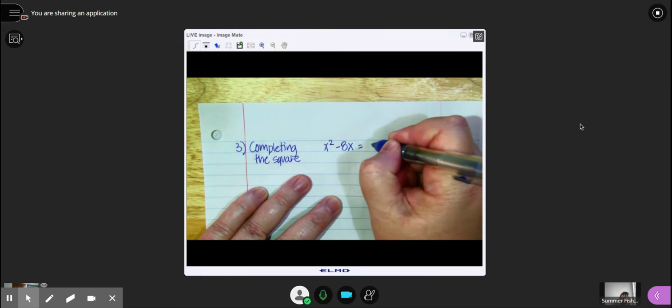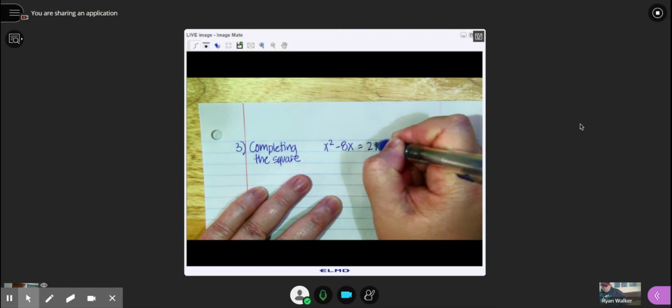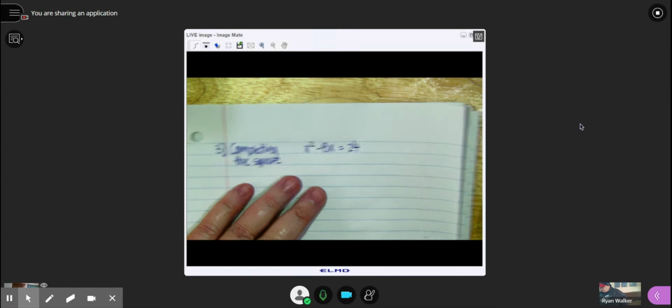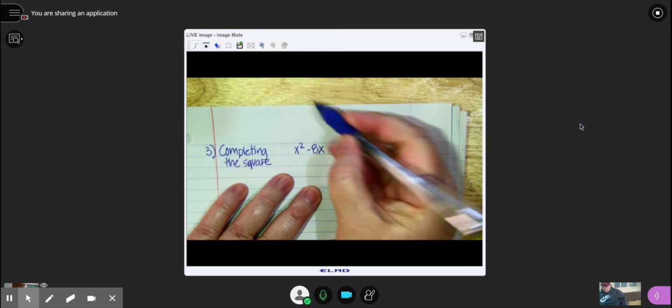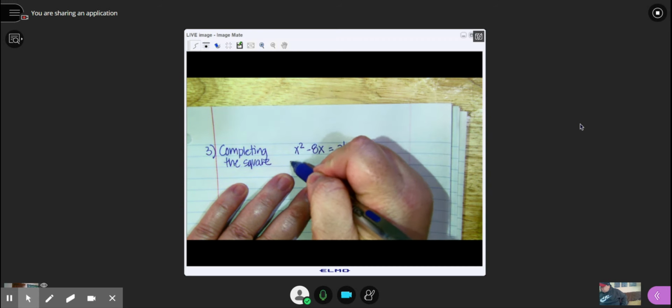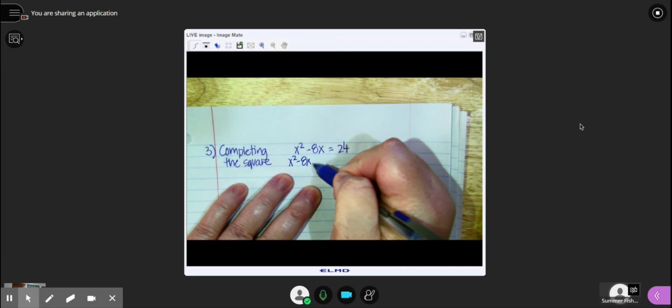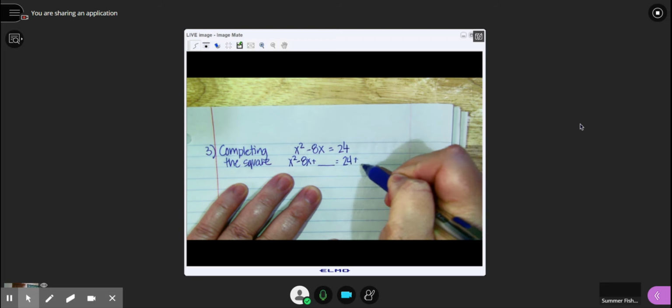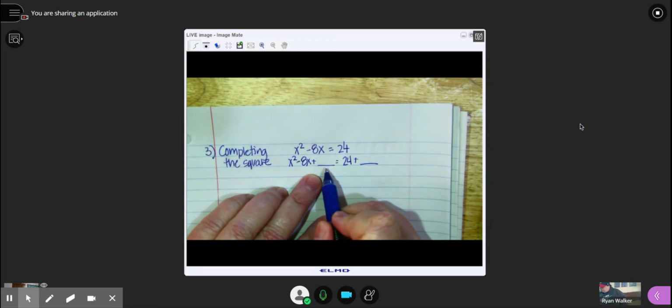Let's do 24. Okay. So do you remember how to do this? X squared minus 8x, and we're going to add something to both sides. Do you remember what we're adding here?